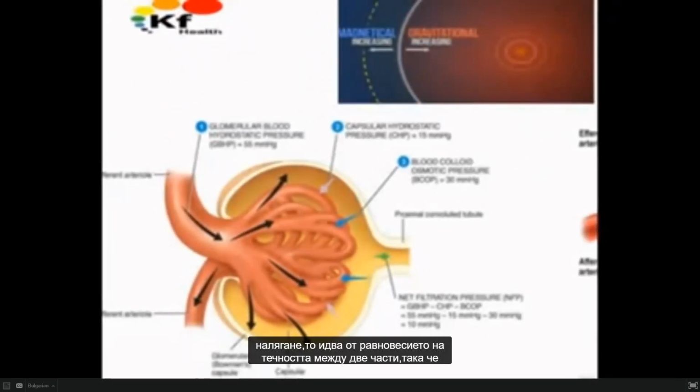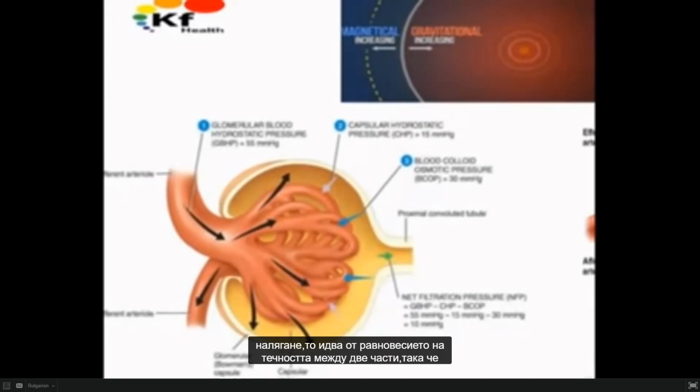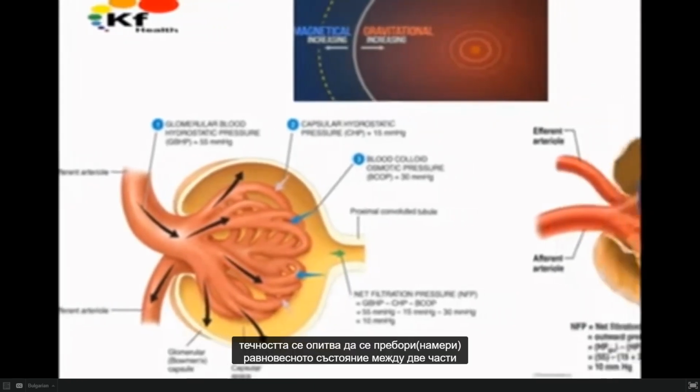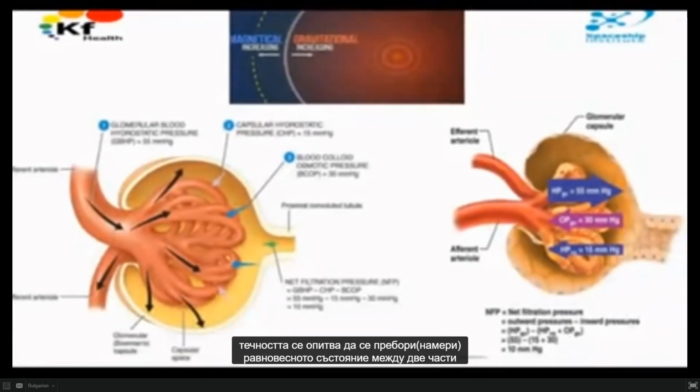Hydrostatic pressure comes from the equilibrium of fluid between two parts. The liquid tries to find an equilibrium state between two parts through some wall, capillary or tubule. That kind of pressure is correlated to the force of gravity. It is actually pushing. If you fill a balloon with water, the water pushes the walls of the balloon out.